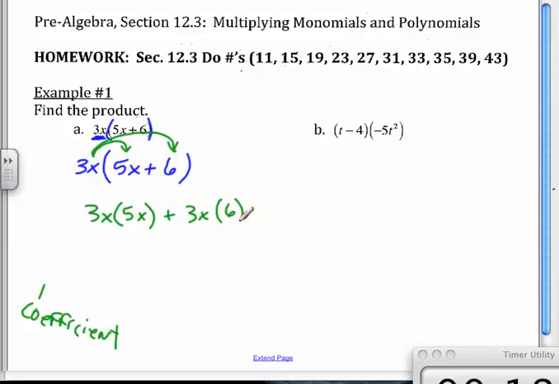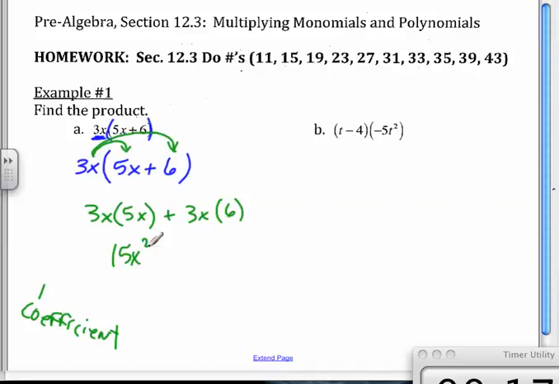Now, Edward, when I multiply these two terms, they're not really terms because it's all one multiplication problem. When I multiply 3x times 5x, I multiply the numbers. What do I get? 15. And I multiply the variables. Edward, what do I get? Not just x, but x squared. X times x is x squared.